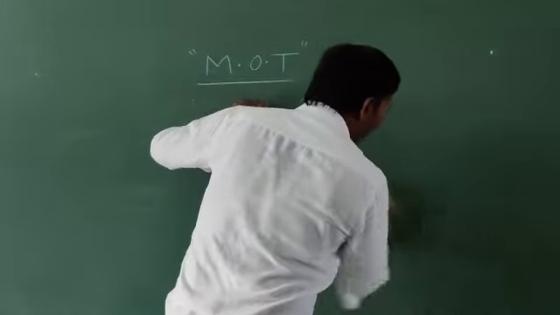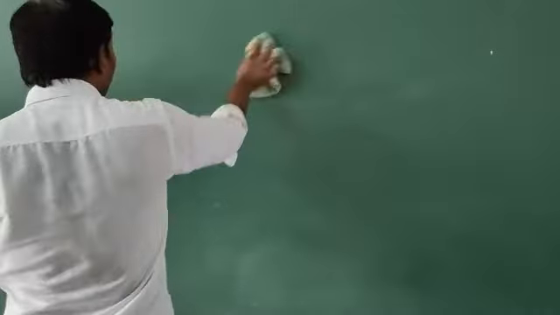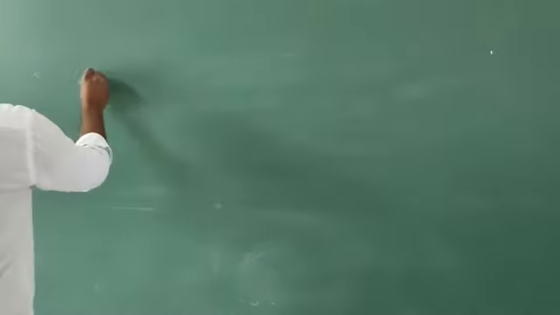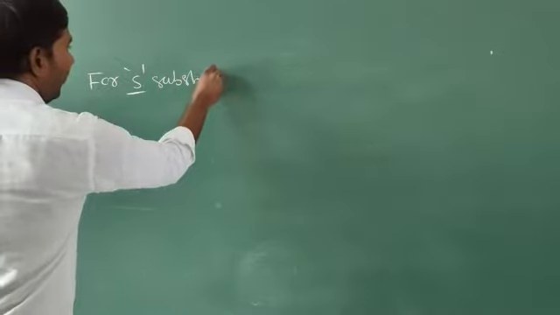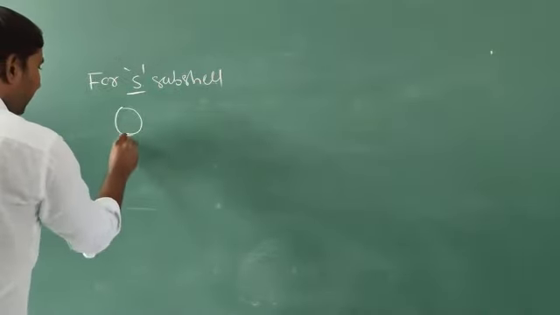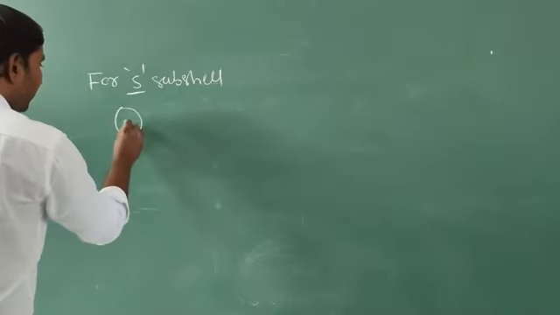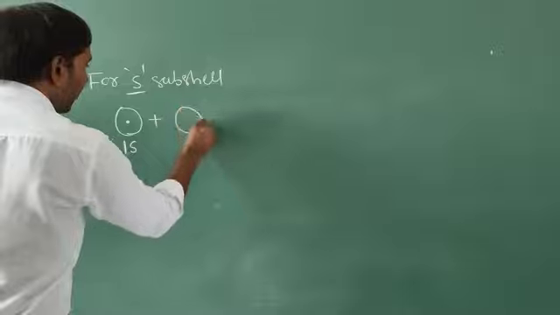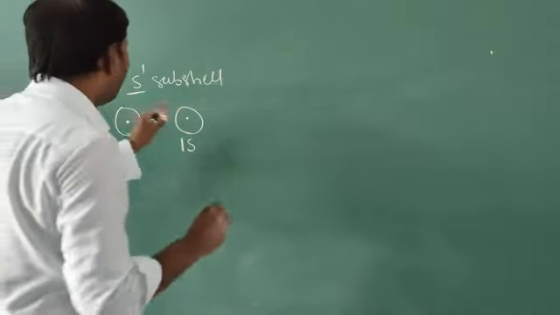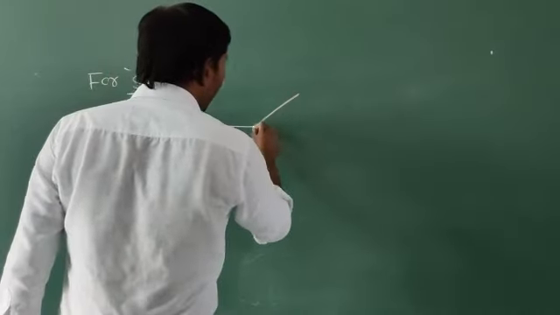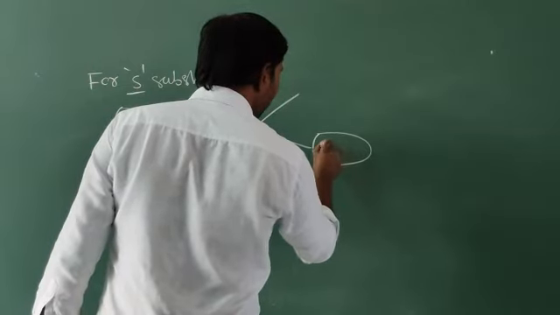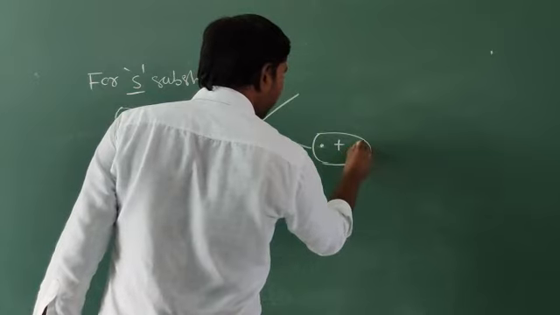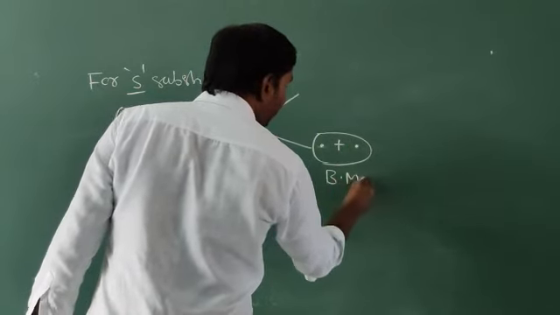Okay, this is about bonding and anti-bonding molecular orbitals. Then, how are they formed? For the s subshell, for example, 1s plus another 1s, two atomic orbitals undergoing overlap, form the bonding molecular orbital.